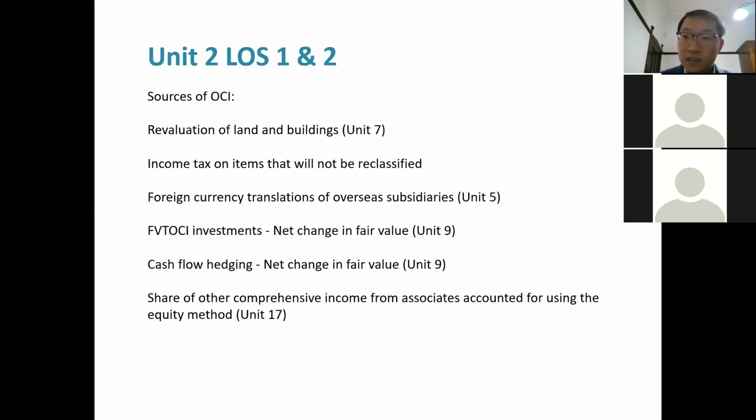These units are covered throughout the module, and it's always important to focus on these OCI transactions, because most of the past exam papers do focus on this area. But in terms of what is OCI, OCI is simply a change in a reserve account or an equity account that has an impact on shareholders, but is recorded in the income statement in the OCI component.